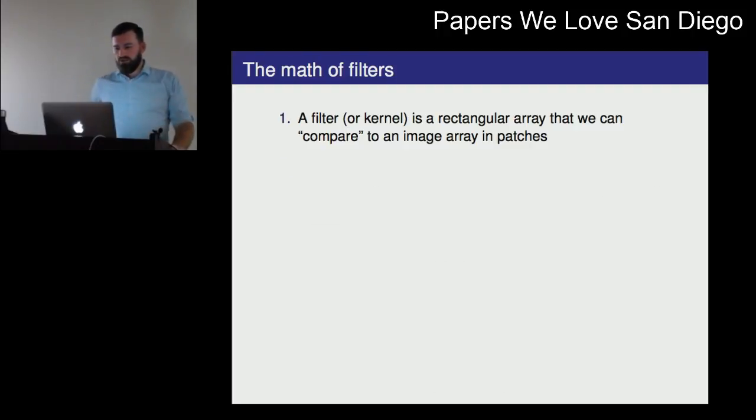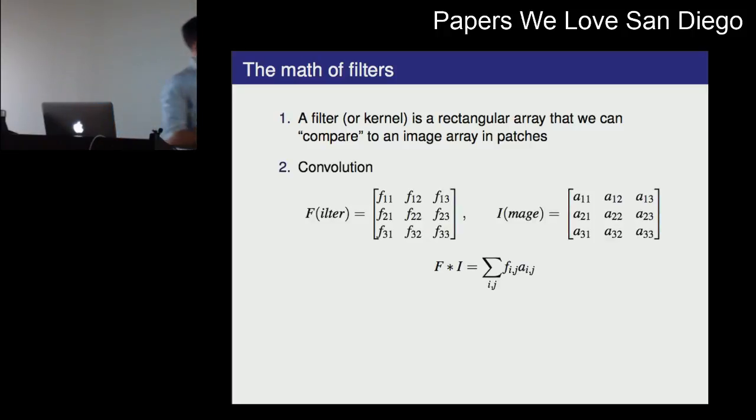If I take a filter, in this case a 3x3 filter, it's just a 3x3 array of numbers. And if I also have a 3x3 patch of an image, some little sub-piece of an image, the convolution of those two is simply defined essentially as doing a dot product of the flattened matrices. So you multiply component-wise, and then you sum up the results.